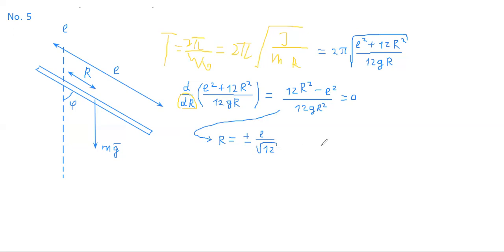But the distance is always non-negative, so we have to choose plus.